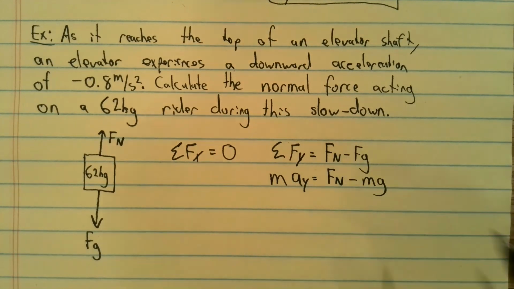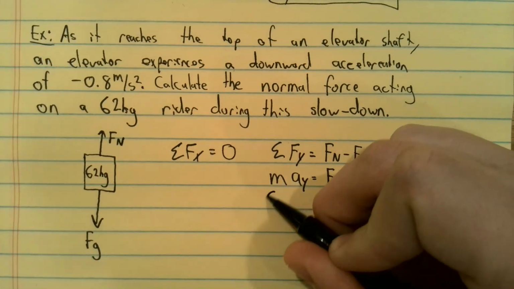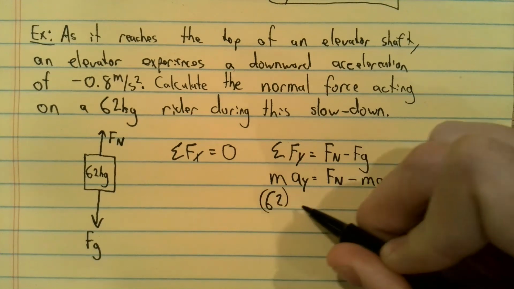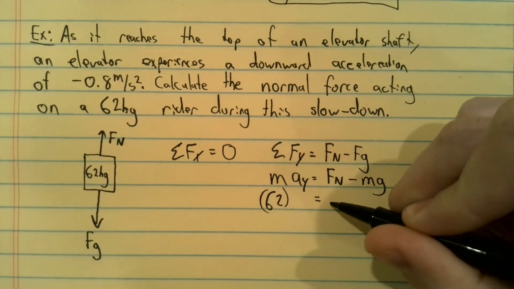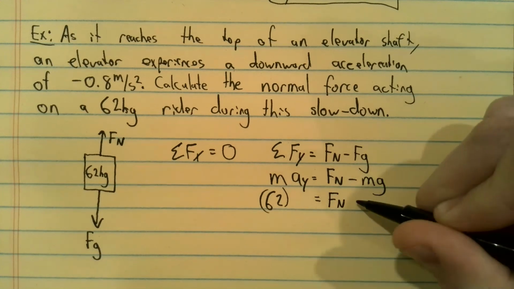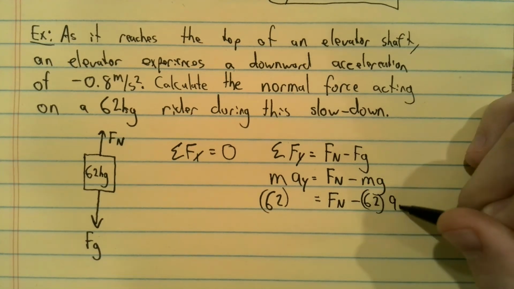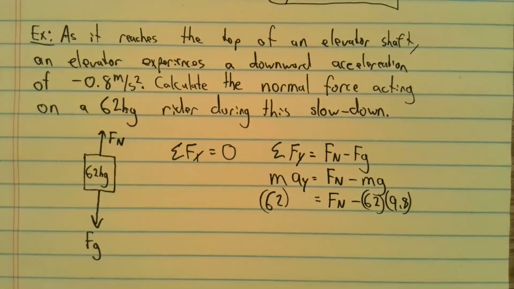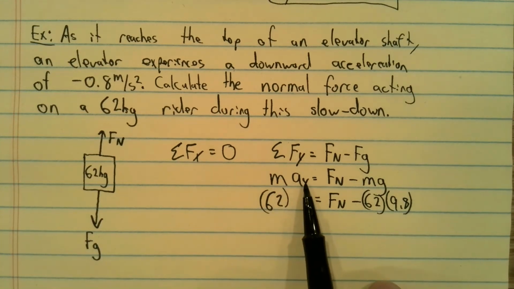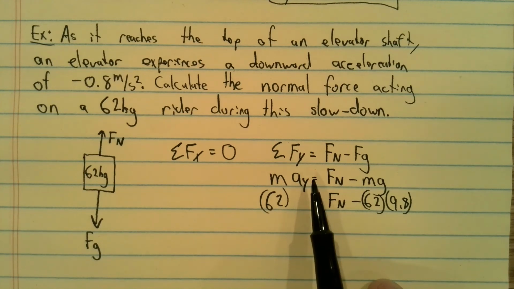Let's plug in everything we've got. Mass is 62. I'm going to leave AY for a moment. Fn is what we're looking for. M is 62. And G is 9.8. Remember, on that first normal force problem, the coffee cup sitting on the table, acceleration was 0 because the coffee cup is experiencing no acceleration.